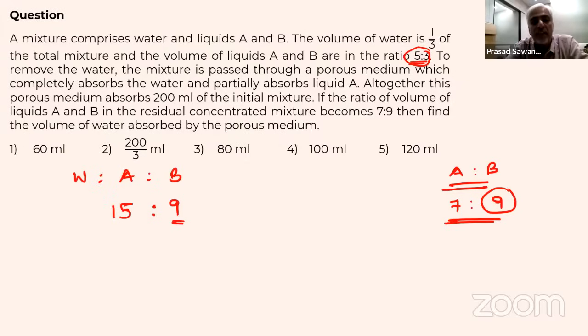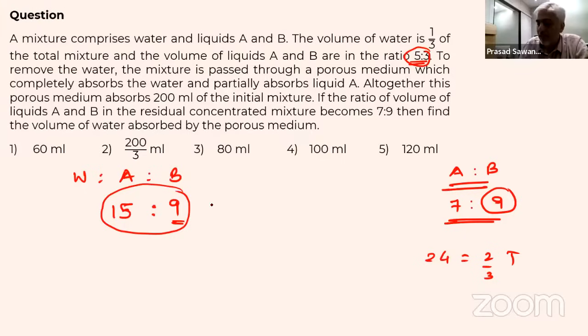Now pay attention carefully. Water was 1/3 of the total, which means A plus B was 2/3. So 24 is 2/3. If 24 is 2/3 of total, what is 1/3 of total? Half of that. If 2/3 is 24, 1/3 will be 12.